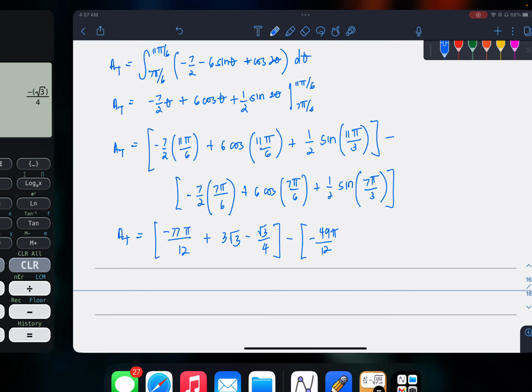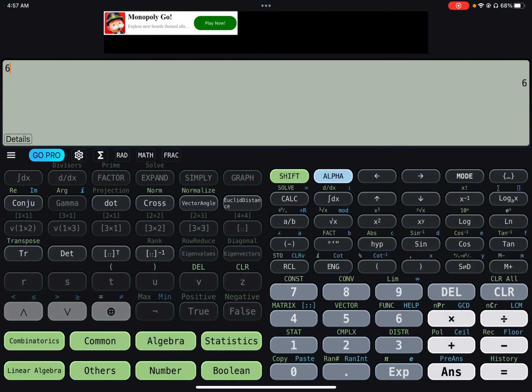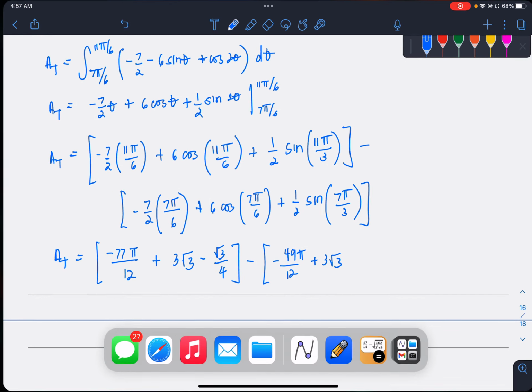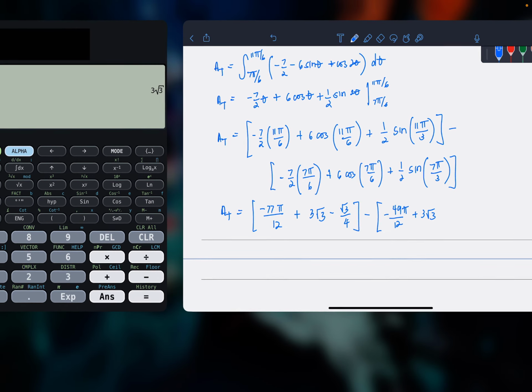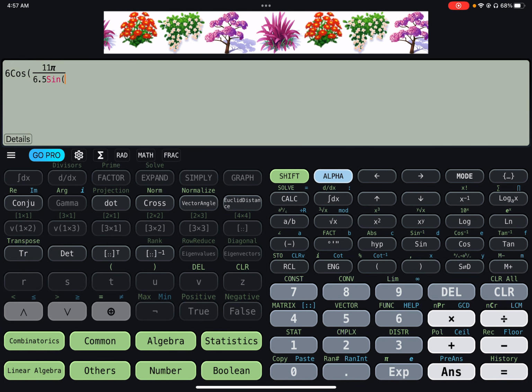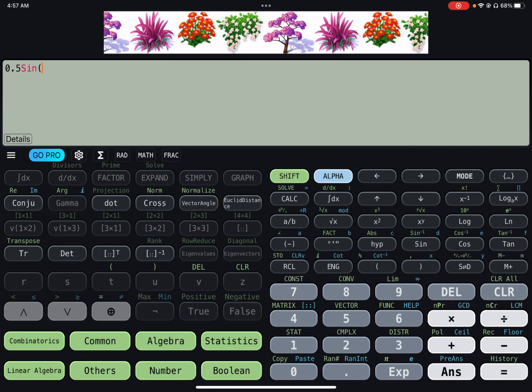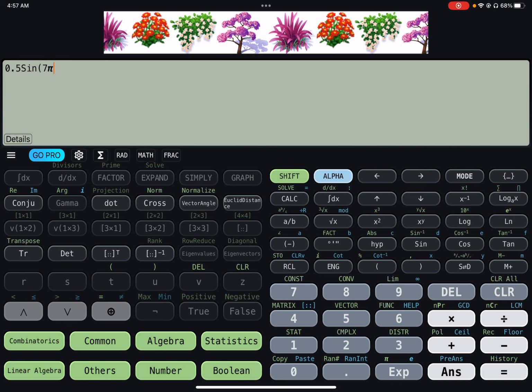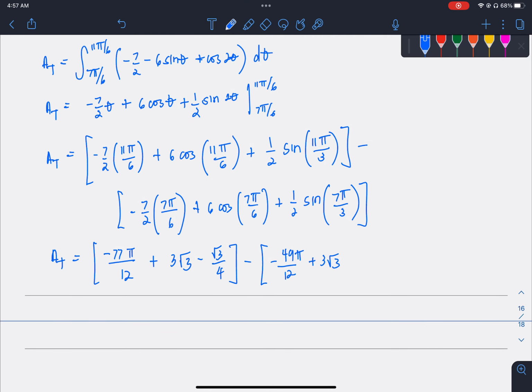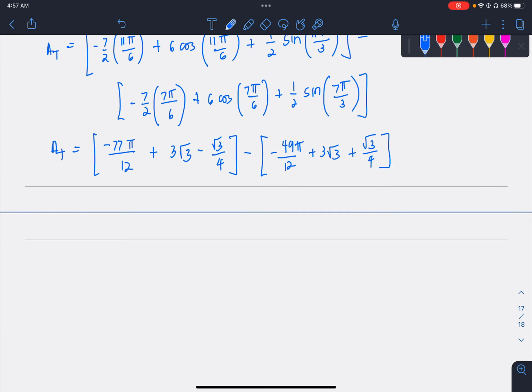Then 6 cosine 7 pi all over 6, 6 cosine 11 pi all over 6. So we have 3 square root of 3 plus 3 square root of 3. And then 1/2 sine 7 pi over 3. So square root of 3 all over 4. Plus square root of 3 all over 4.